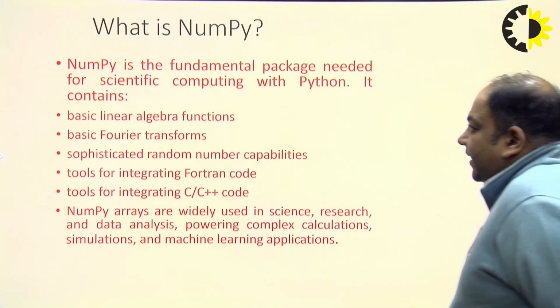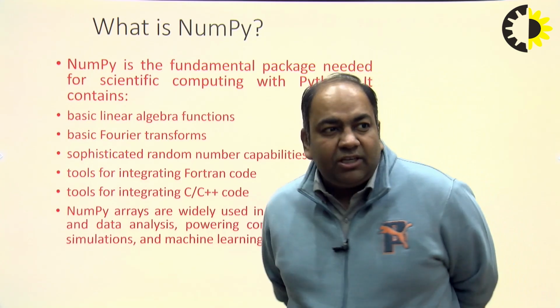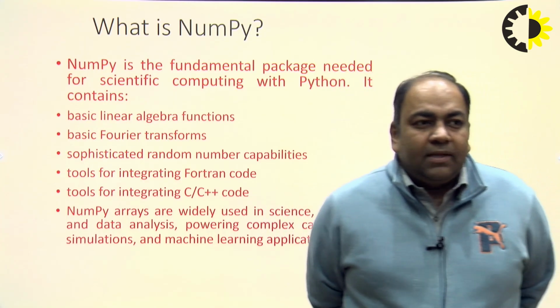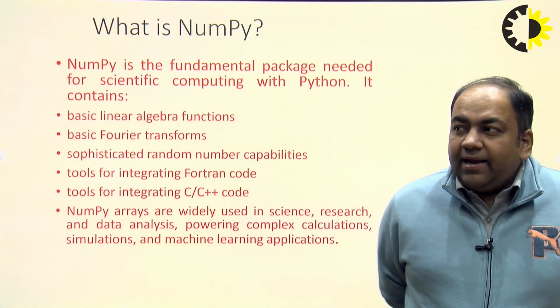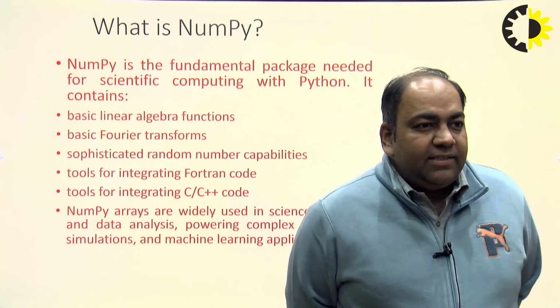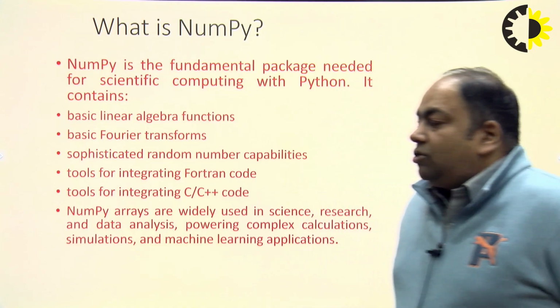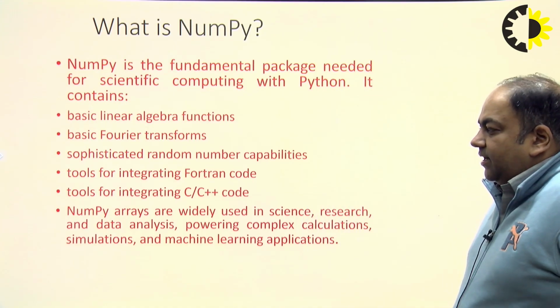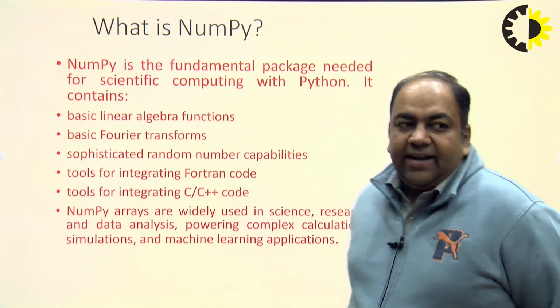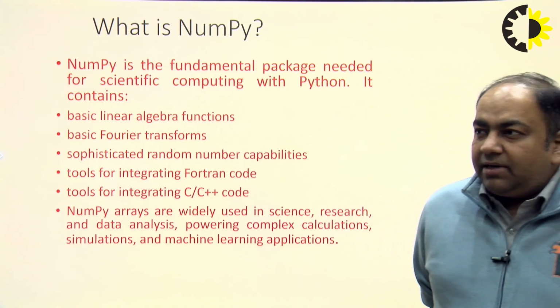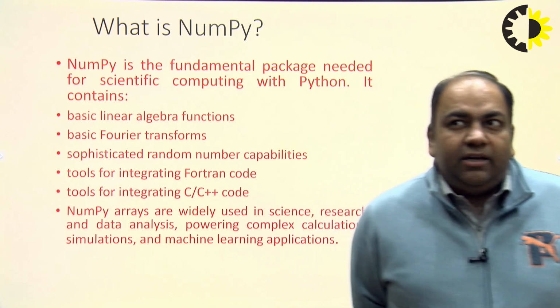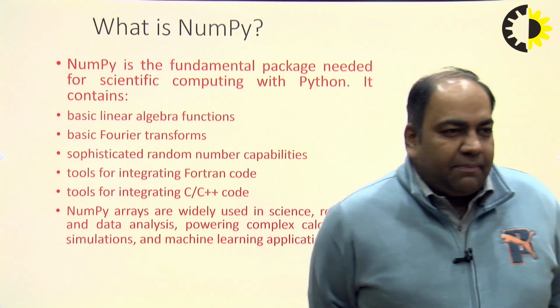So it contains basic linear algebra functions, Fourier transforms, random numbers, and it is also useful in integrating C and C++ code. It is a widely used package in research, data analysis, sometimes for simulations, and also in machine learning applications.